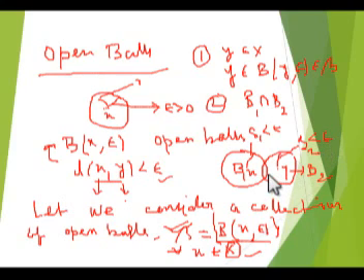So now in the intersection of b1 and b2, we can also generate an open ball. If there is any point z, its radius, which I call del, will be less than the minimum of del 1 and del 2.